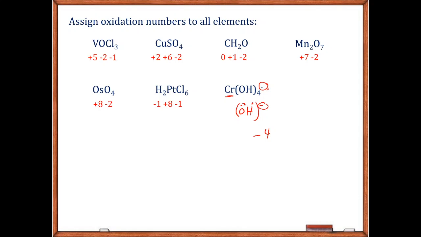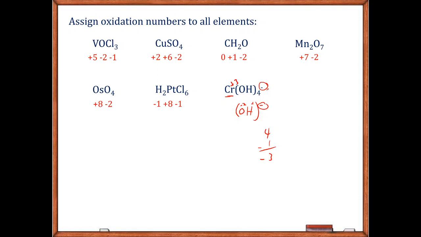So we can take 4 minus 1, which gives us 3. So chromium has to balance out a -3. I removed the sign for the math, but I'm adding it back since I know it's really a -3. That means chromium has to be +3.